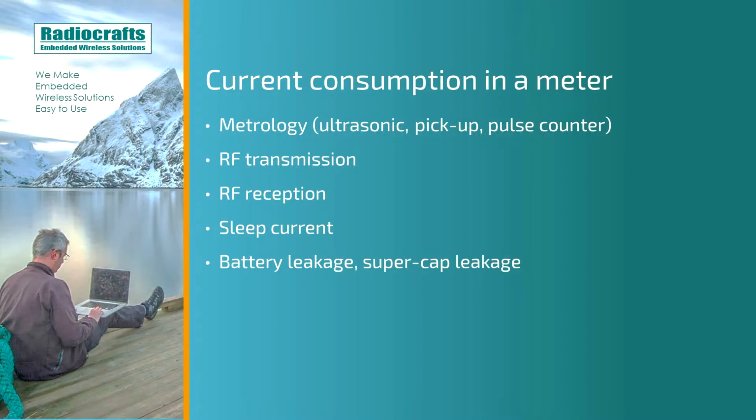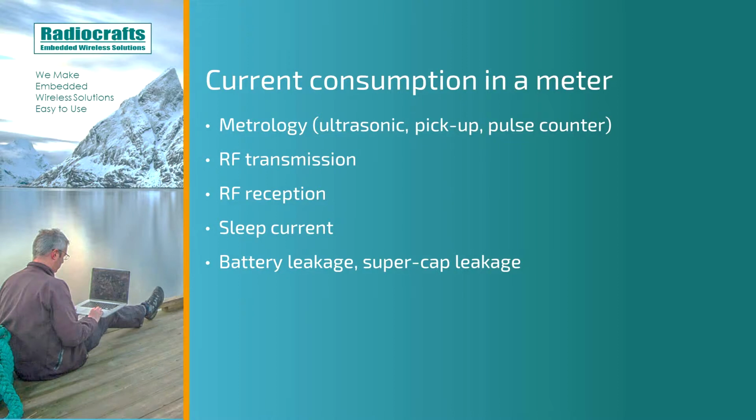So the current consumption in a meter is generally given by 5 sources. The first one is the metrology. So this could be the current consumption of a sensor or an ultrasonic circuitry, the pickup system, or a pulse counter.